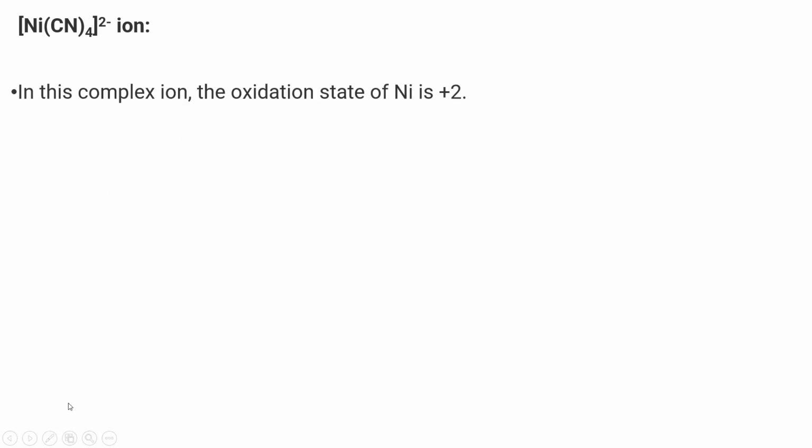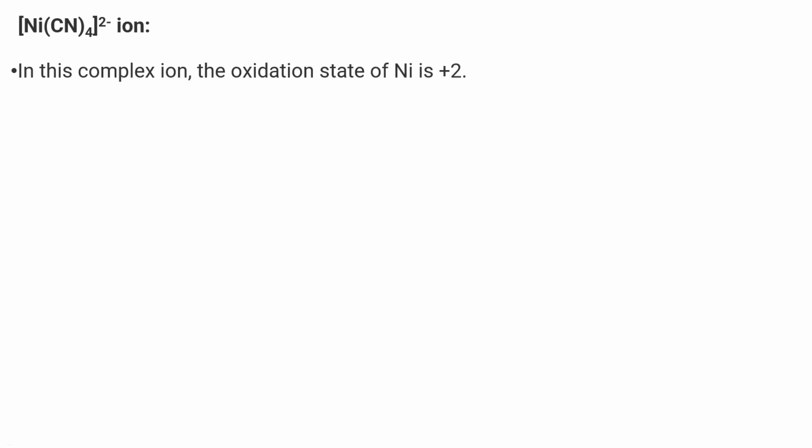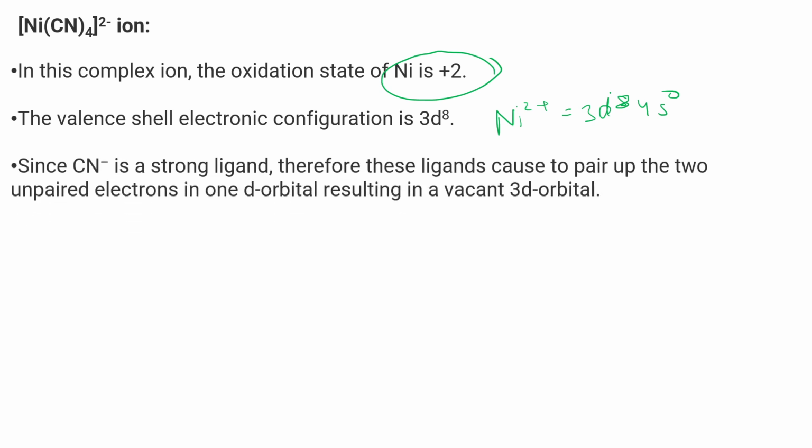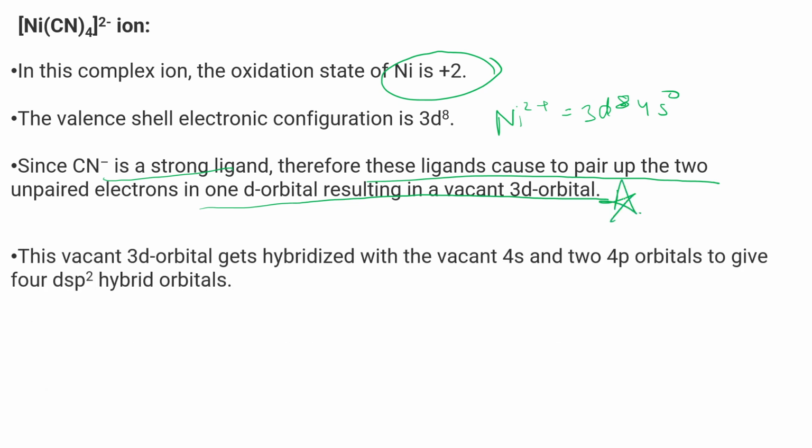Please do them. So in this complex, nickel oxidation state is +2, and the electronic configuration of nickel in +2 oxidation state is 3d8 4s0. Okay, so cyanide is a strong field ligand. It will cause pairing of the two unpaired electrons in one d orbital, resulting in a vacant 3d orbital. We have already seen that.